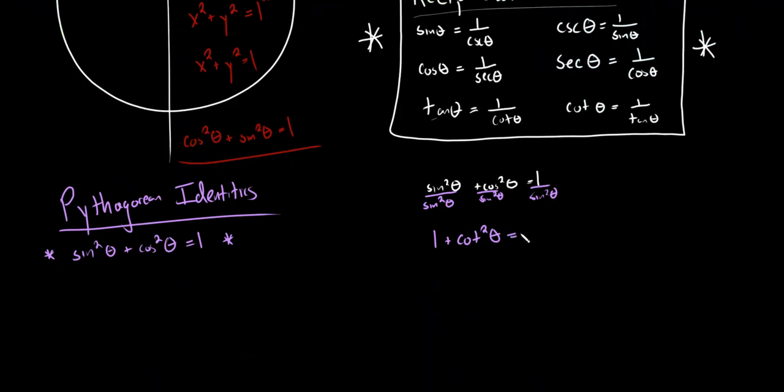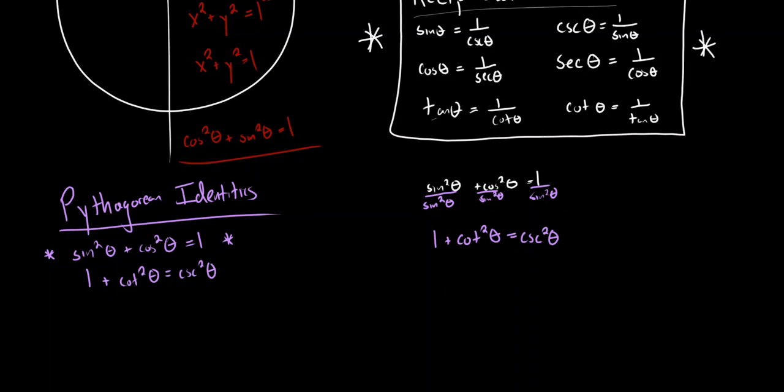And that's our quotient identity. Here's a reciprocal identity. 1 over sine is cosecant, so 1 over sine squared is cosecant squared. That could be another identity.